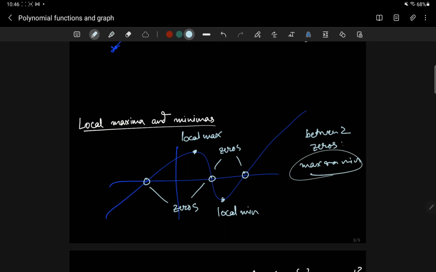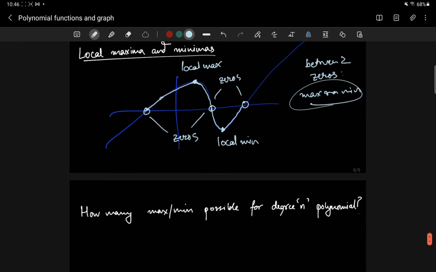If you think about why that should happen, it's because once you have this zero, it's still going up. Now you have to come back here. The only way to get back here is to turn around at some point, and wherever you turn around is going to be your max. Similarly, once you are through, you have to turn around again. Wherever you turn is your min in this case.